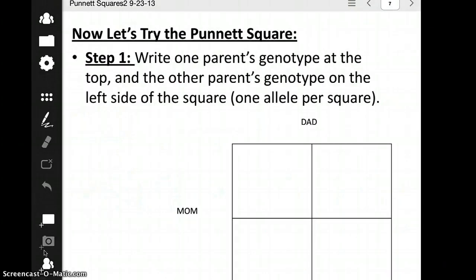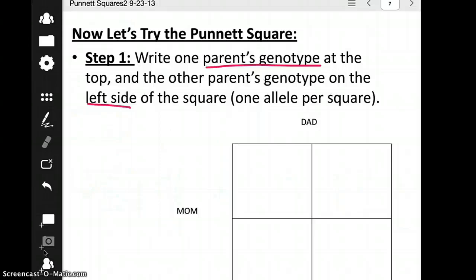now we're going to try the Punnett square. So you should have something like this in your notes. Find it. And the first thing you're going to do is you're going to write the parent's genotype on the top and the other parent's genotype on the left side. So Dad is going to be on the top, Mom is going to be on the left side. It doesn't really matter who you put on the top and on the left side, but just for our problem, we're going to do that, okay?